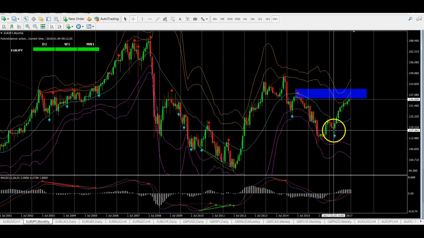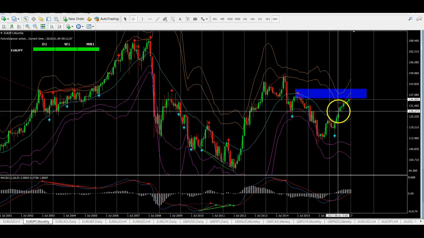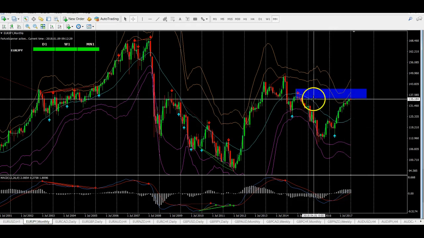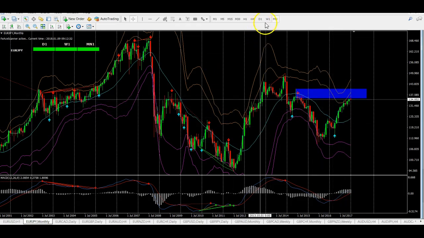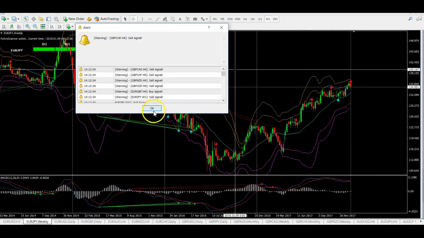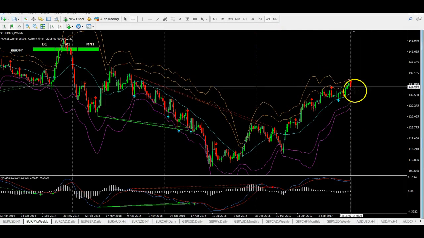You can see the actual uptrend here just losing steam coming into this area. That's why I'm looking to get in a short on this market, and I actually have shorted. You can see we are getting a weekly sell this week. This could be a good trade for the next couple of months, all the way down to the 126 area.